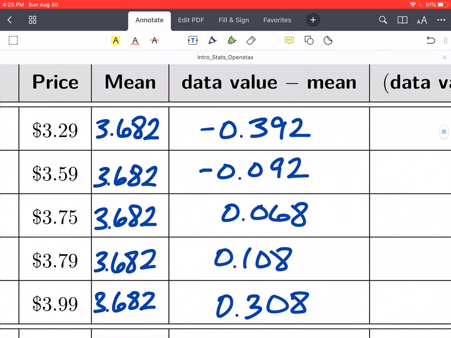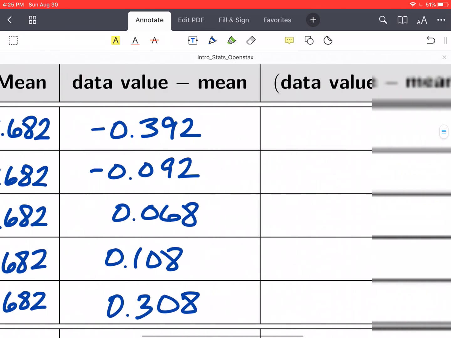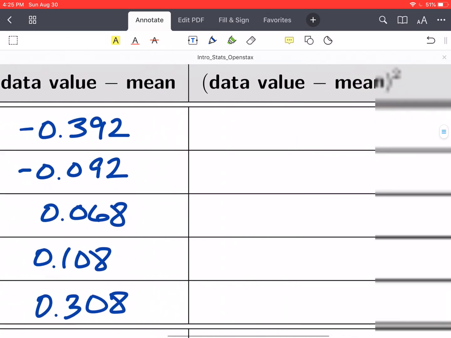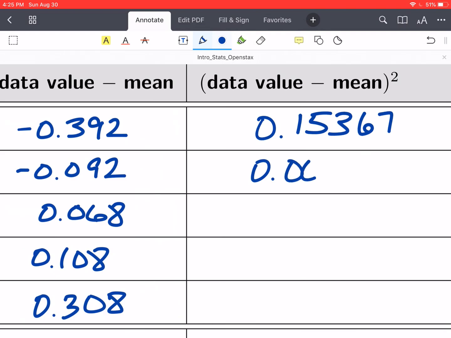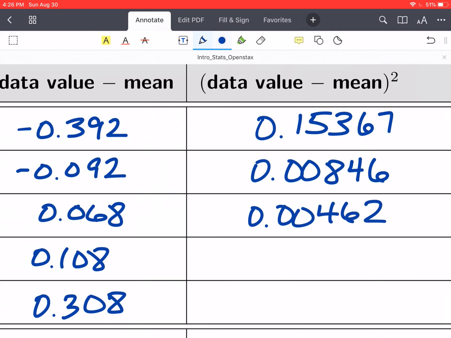Once you get each of those, data value minus mean, square it. Here you would need to use a calculator. We get 0.15367, 0.00846, 0.00462.